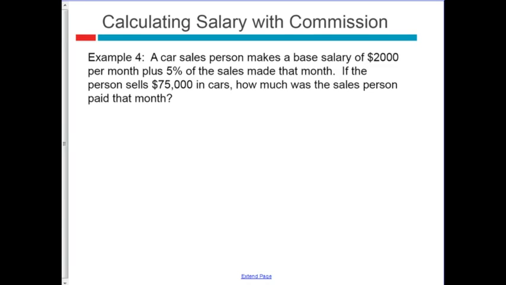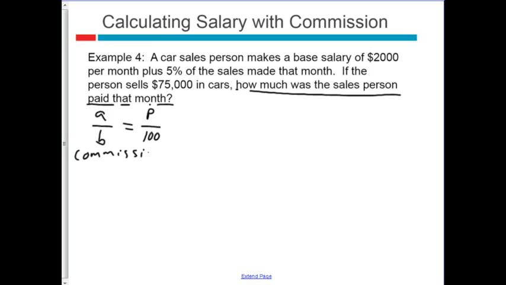So my approach to this is still A over B equals percent over 100. Now the question asks me how much was the salesperson paid that month. This is just going to help me calculate the commission. Once I figure out the commission, I have to add that to what he would get paid even if he didn't sell any cars.